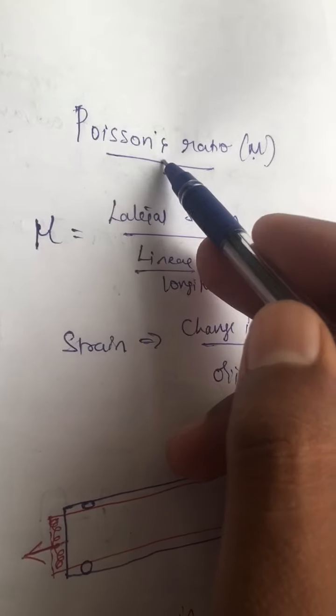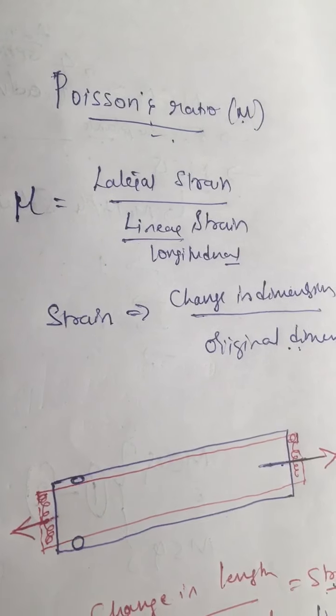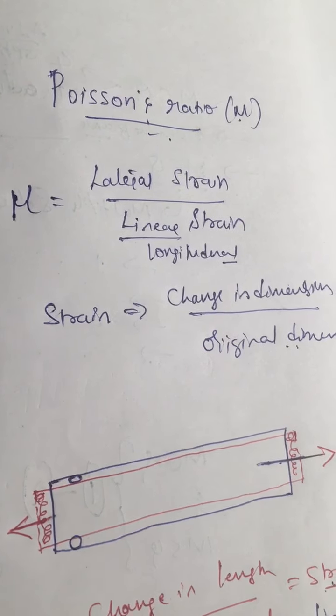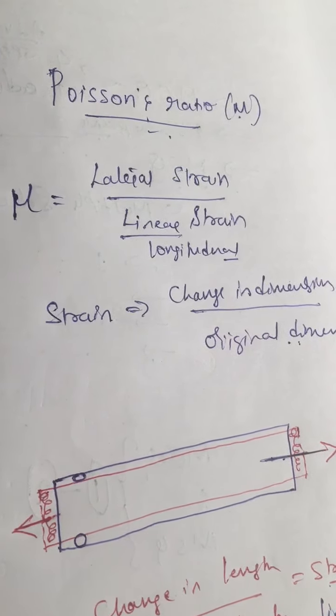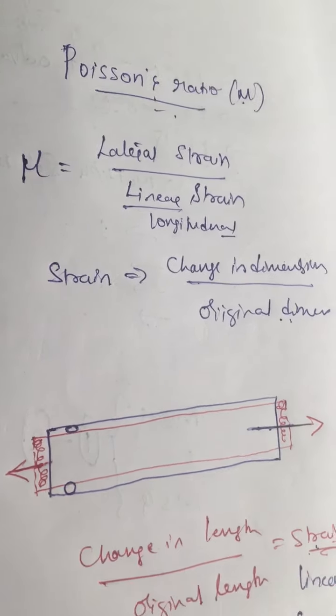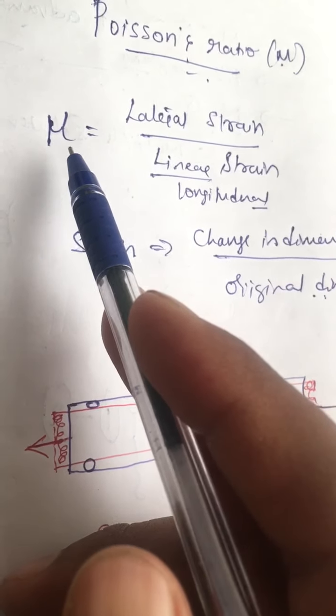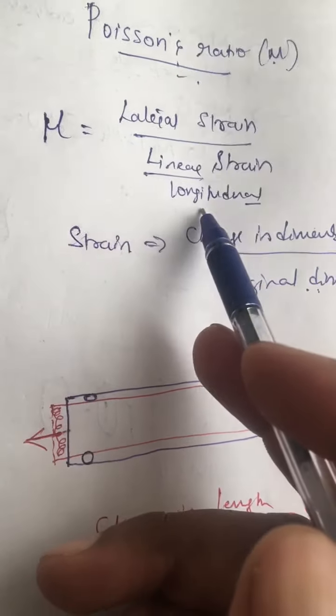This constant is constant for each material. If you take mild steel, the value of Poisson ratio is different. If you take concrete, the value of Poisson ratio is different. So for that material, it is constant. Clear? So as per this definition, Poisson ratio is equal to lateral strain by linear strain.